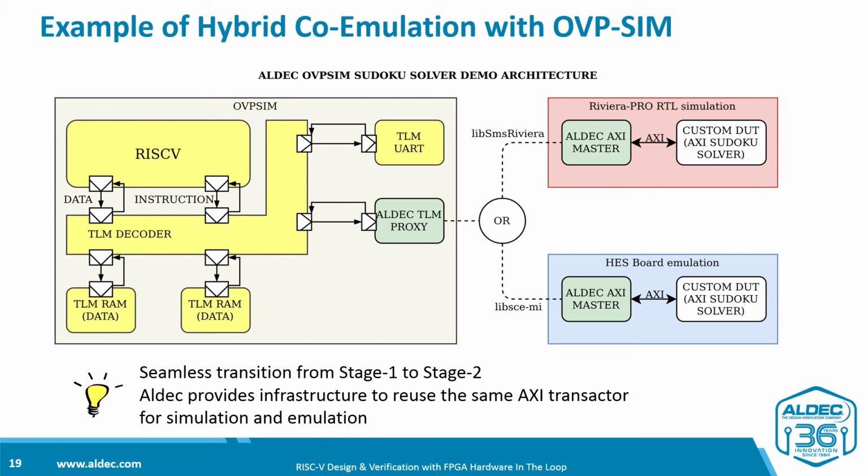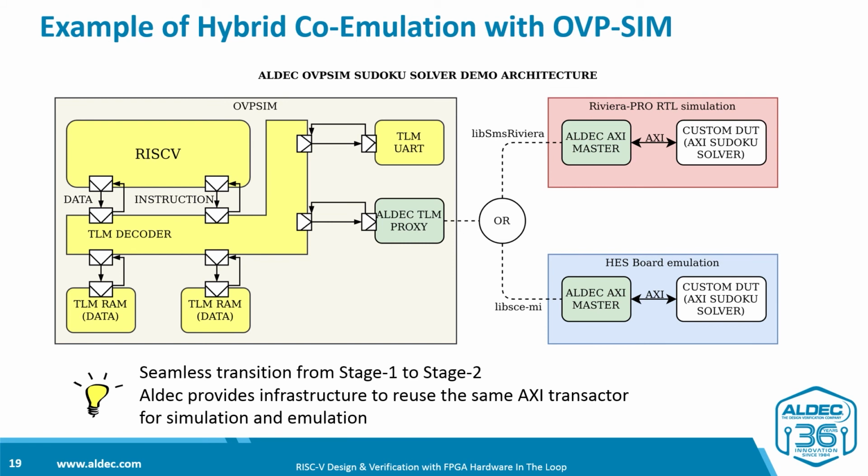The OVP-SIM virtual platform contains a RISC-V ISA model, RAM memory models, and also a UART model. All these components are interconnected through TLM ports, and a TLM decoder component is modeling the system bus. Using the same TLM interface, the Aldec AXI transactor proxy is hooked, providing connection to the hardware model of the Sudoku IP.